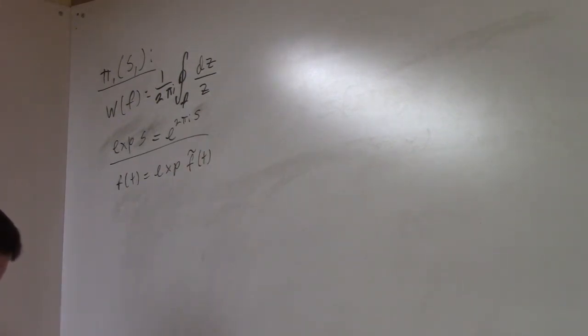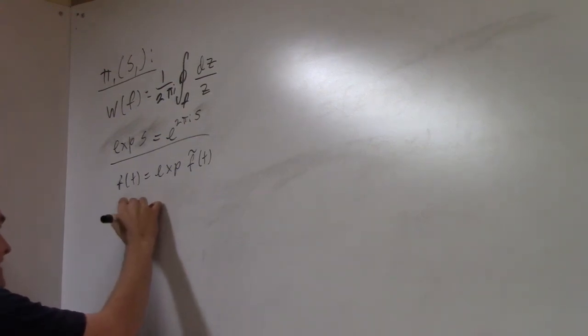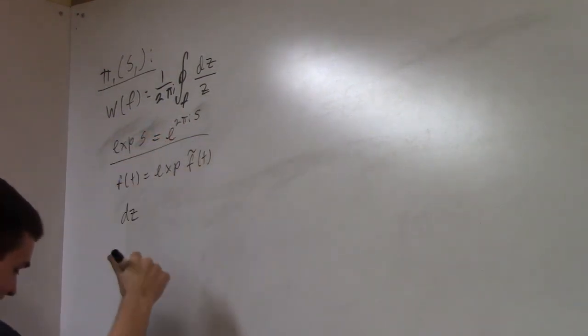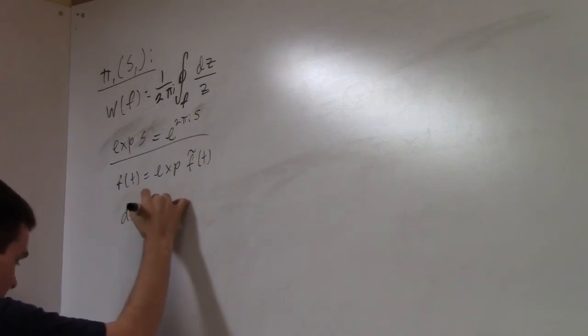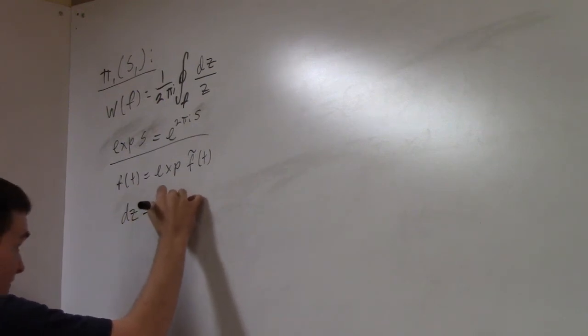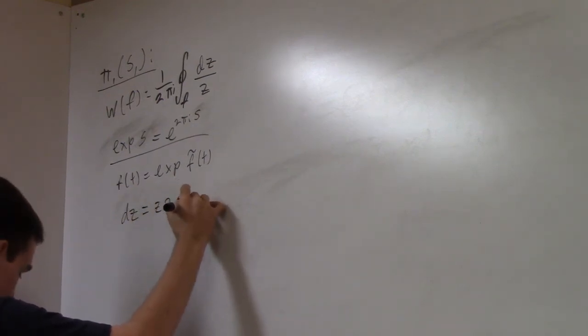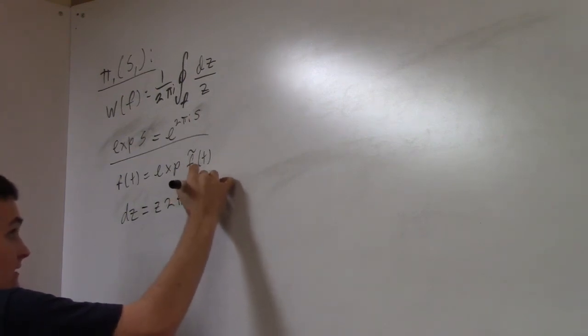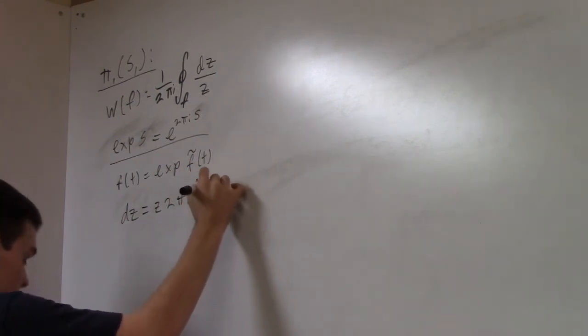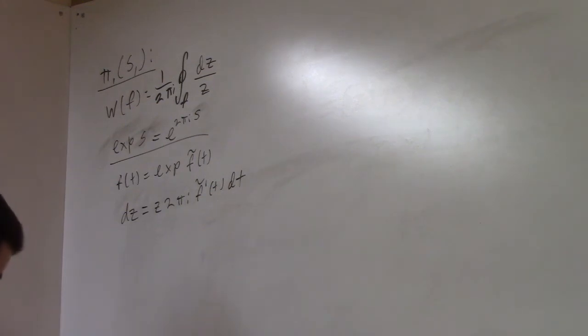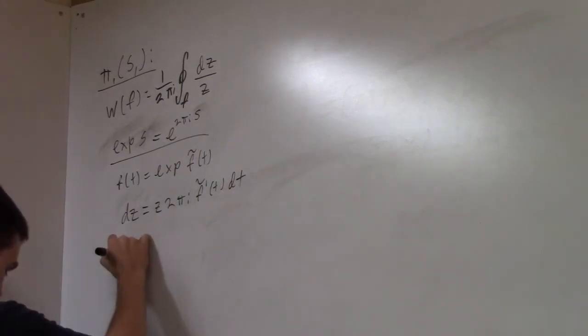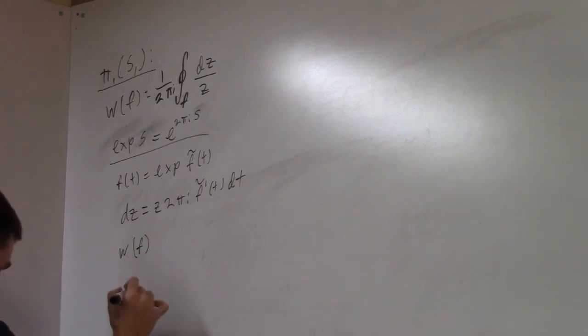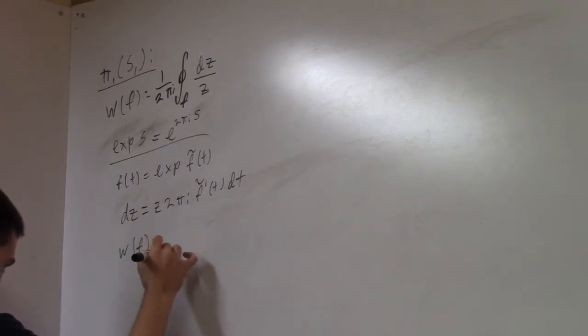So once you have that, calculating dz, you can see that dz is equal to z times 2 pi i times f tilde prime of t dt. And so when you substitute that back in, the 2 pi i's cancel. Fundamental theorem of calculus. Winding number, put them in.